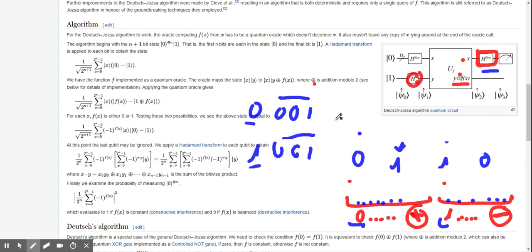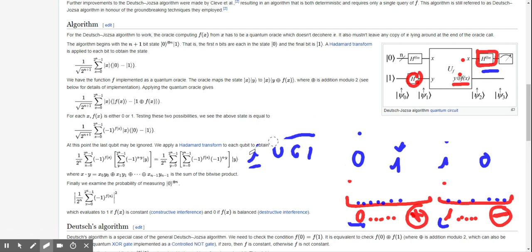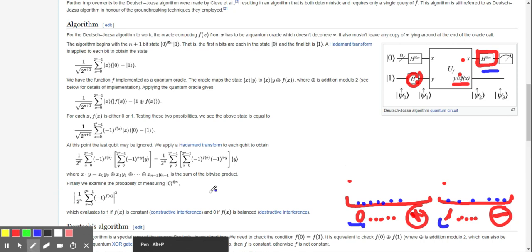So in the case it is constant, can I take a look at this way? So in case it's constant, what happens? It's easy for me to see, maybe. Let's say this is always outputting 0, right? So if this is always outputting 0, then this is going to be 0 plus 0, and this is going to be 1 plus 0.